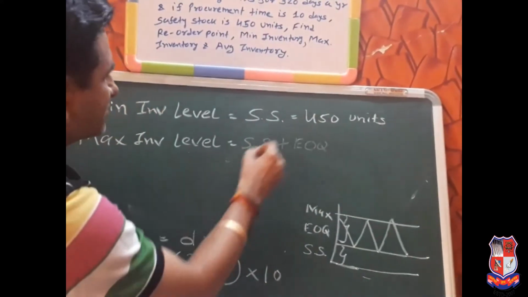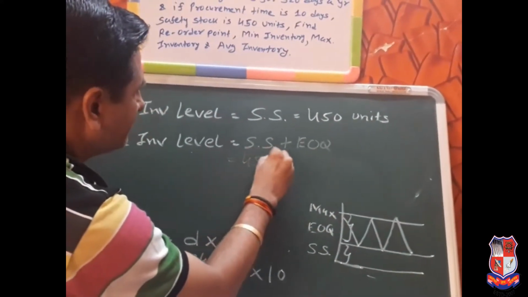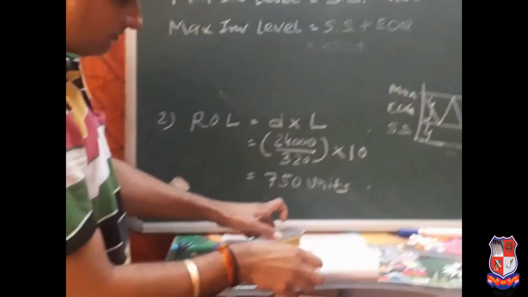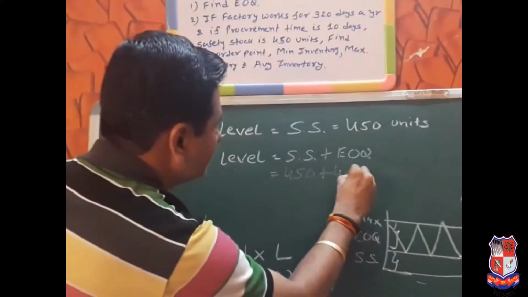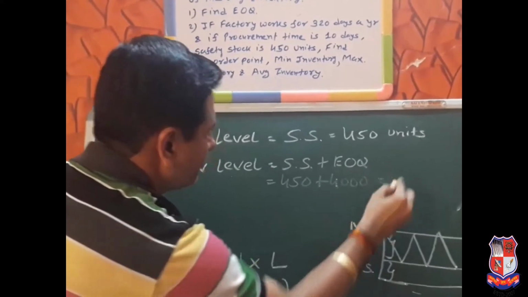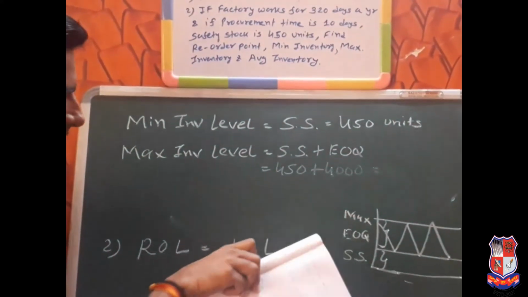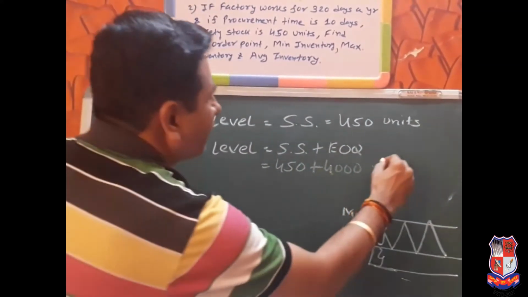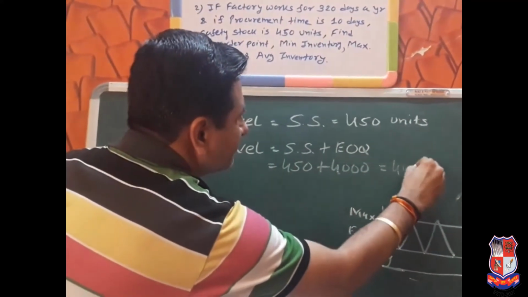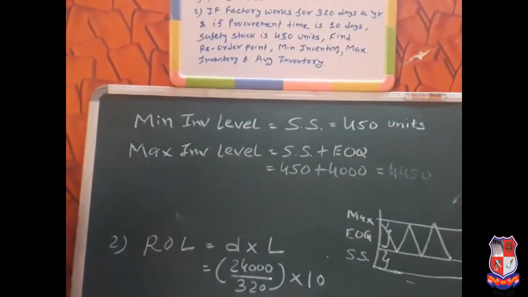Our safety stock is 450 units plus our EOQ level, which we calculated as 4000. If you sum these two figures, you will find 4450. So this is your maximum level.